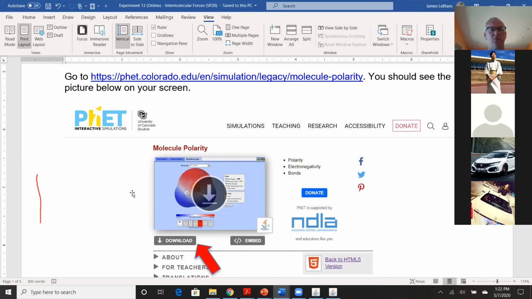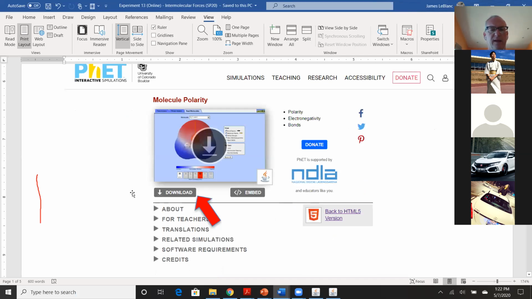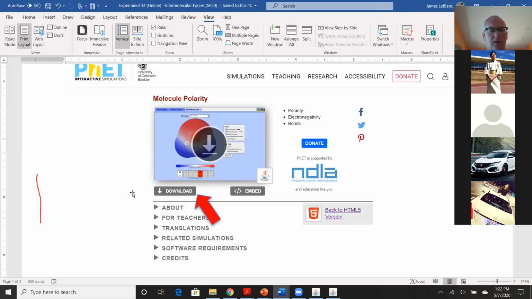I think there's two different ways they can run. They can either run through HTML5. Believe me, you guys hopefully know more about computers than I do. So they'll either run through that or run through Java. I'm running Windows 10 here, and I've had success running with Java. It seems to work pretty well.